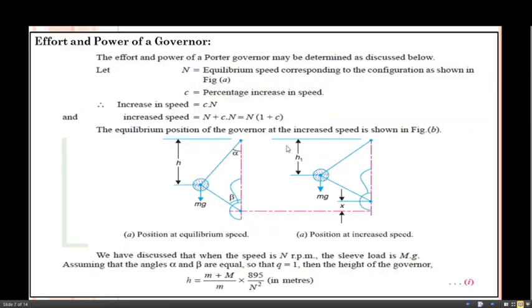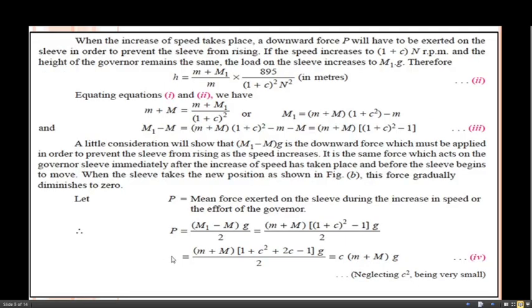So when we consider the configuration when the speed is increased, (capital M1 minus capital M) divided by 2 multiplied by this g term comes into the picture. We already have this difference. From this step we get this value, so just replace this term by this term: (small m plus capital M) into (1 plus c) whole bracket square minus 1 remains inside the bracket, multiplied by g divided by 2.